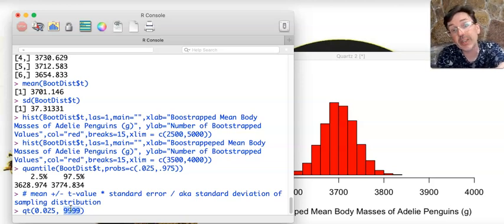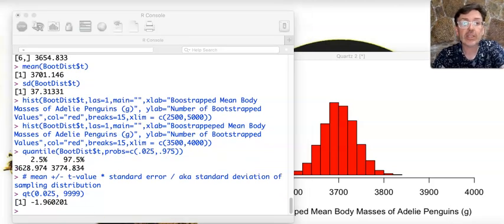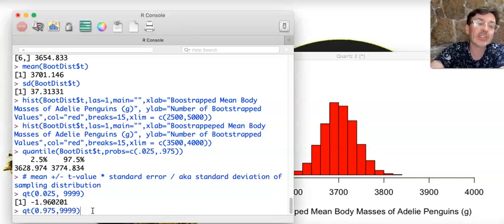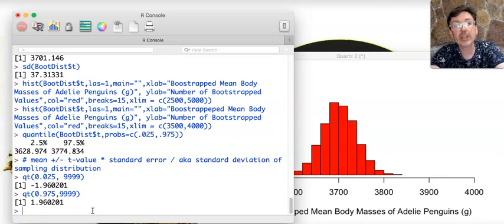Here now our degrees of freedom is 9,999, because we had 10,000, and we have to estimate one thing, the mean. And you can see here that as our sample size is getting very large, we are getting really close to that hypothetical 1.96 value. So we're pretty close to what's considered a large sample size. And I could plug these things in before.